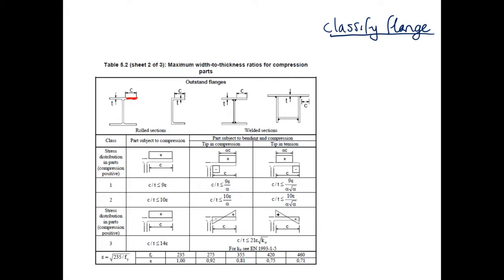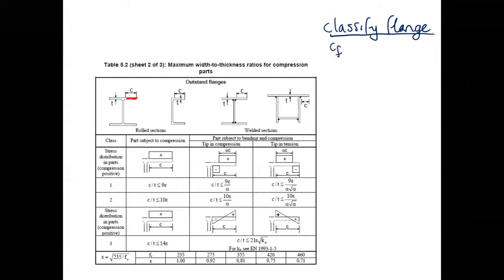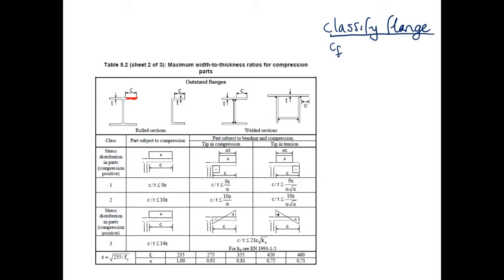Okay, so the unstiffened length of the flange is going to be half the width of the flange minus half the thickness of the web, minus the r value, because r is in here.